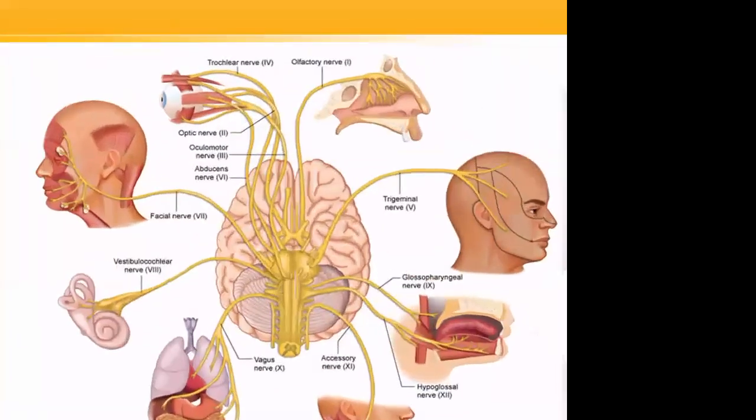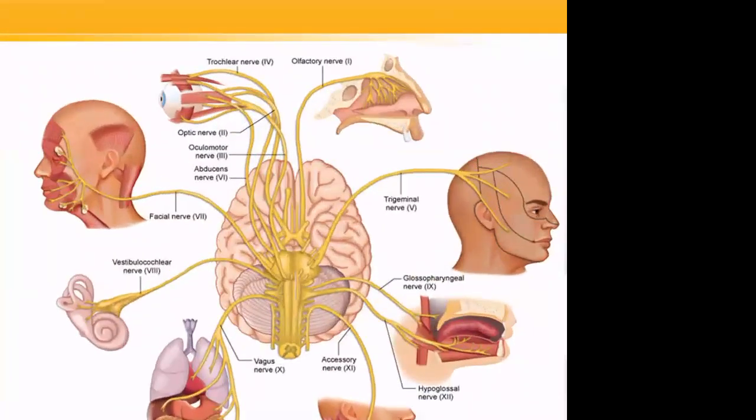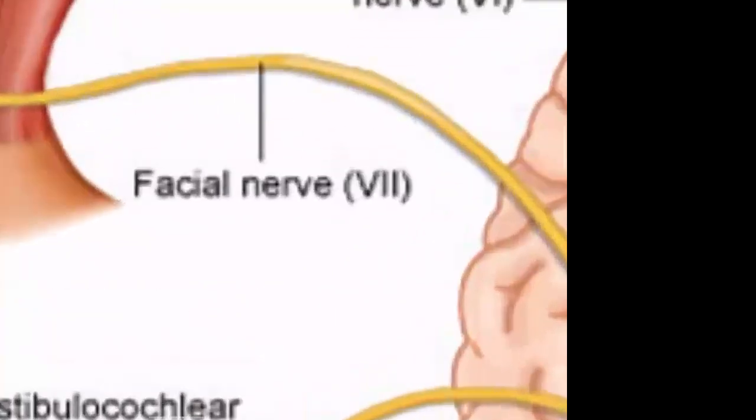And when we look at cranial nerves, we will notice something. They have a name, facial nerve in this case, and they have a Roman numeral. In this case, cranial nerve 7, Roman numeral 7.